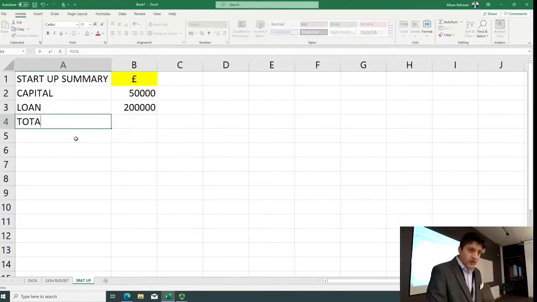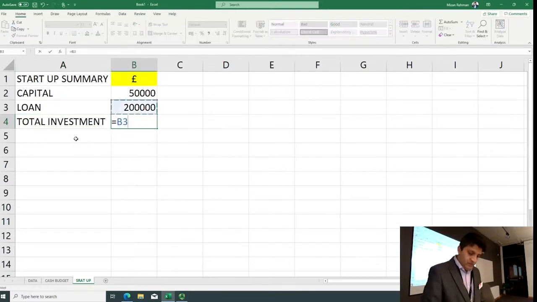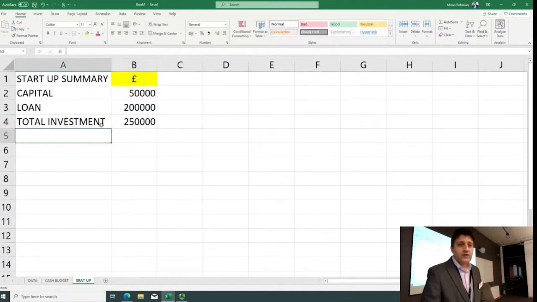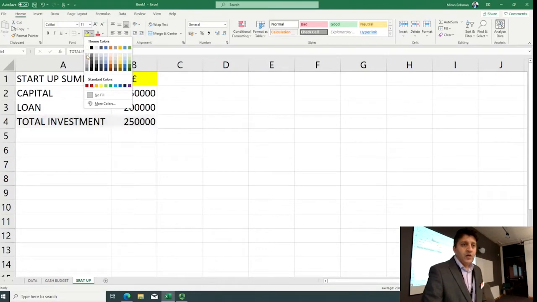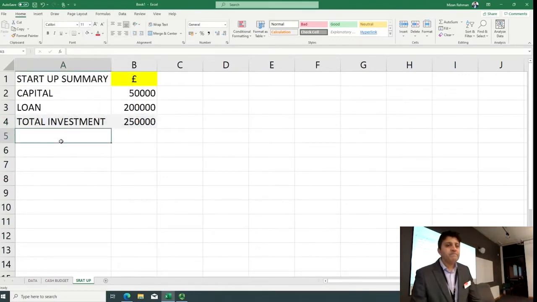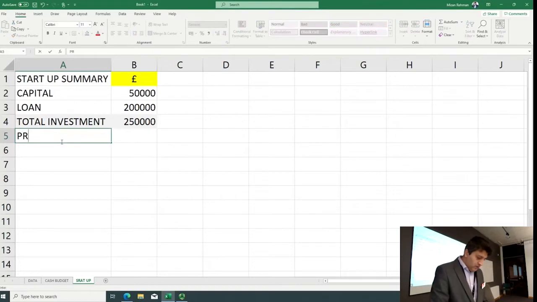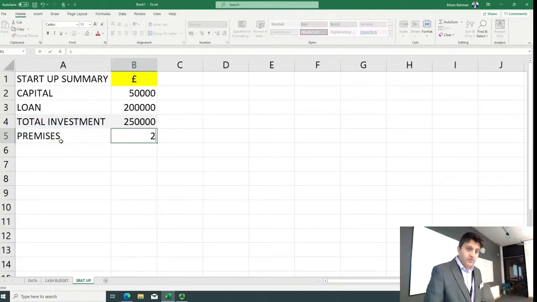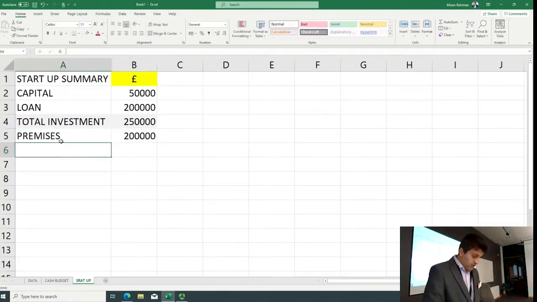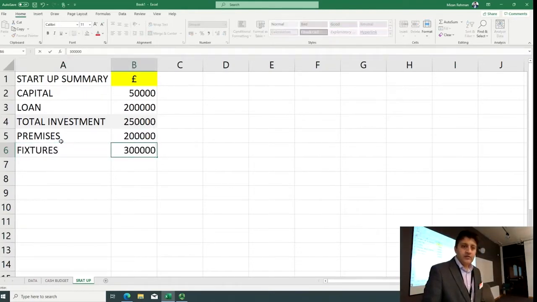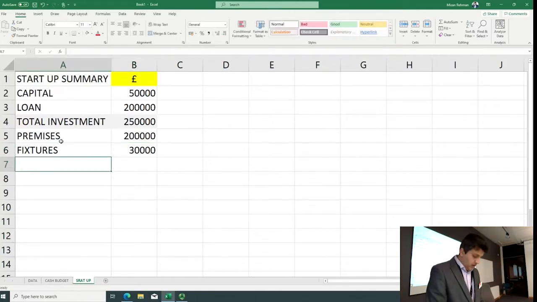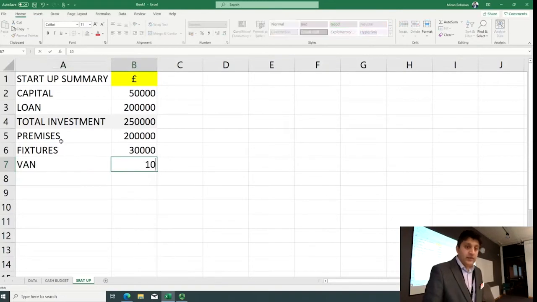We call it total investment. From this investment, we are buying our premises for 200,000, fixtures for 30,000, and a van for 10,000.